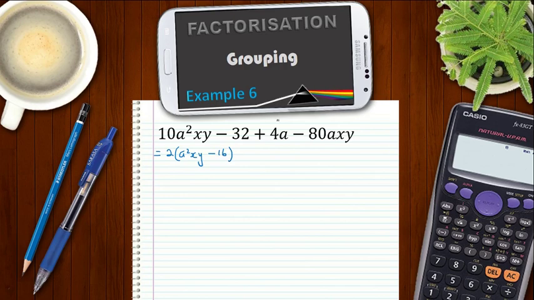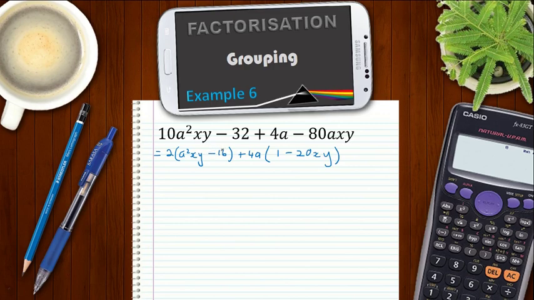Then we move on to the next set. We can take out a 4a. So if we take out 4a, we're left with 1 minus 20xy. And now you can see that this and this isn't identical.